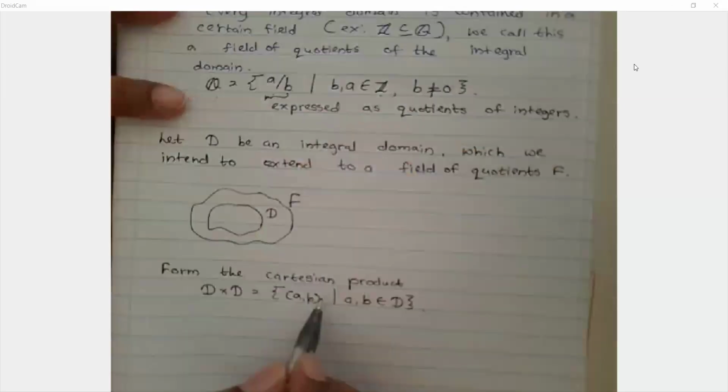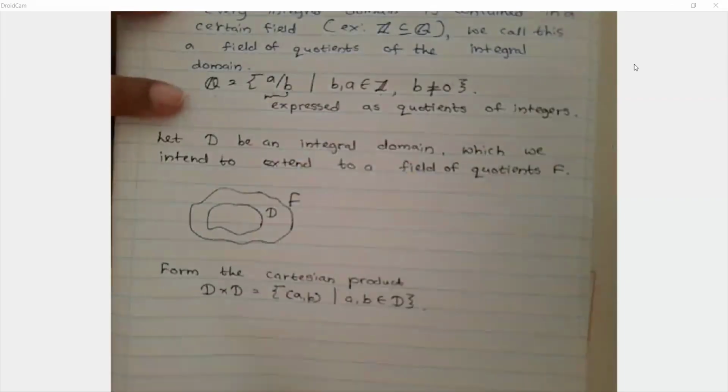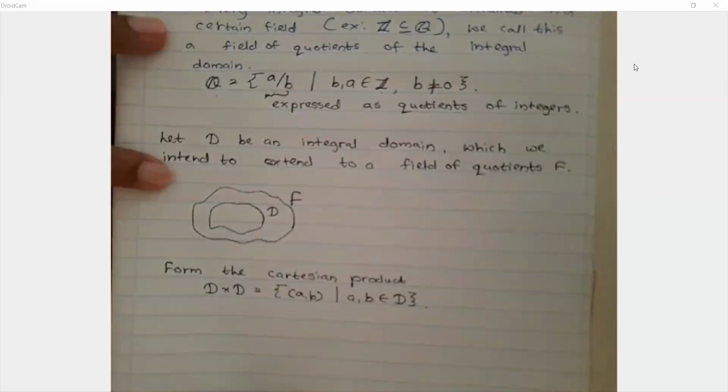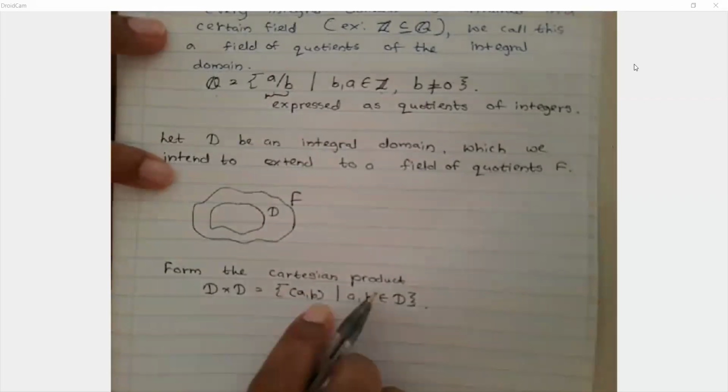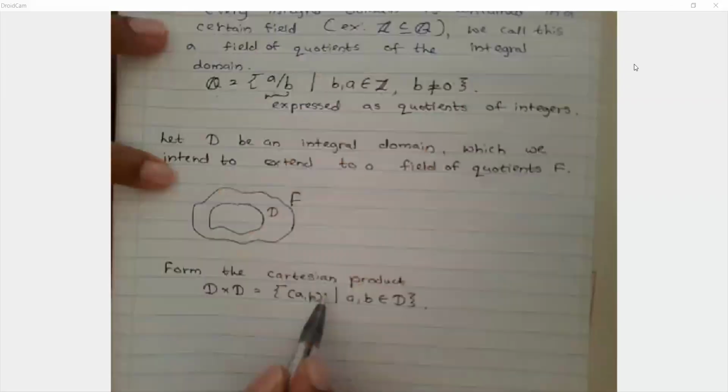This quotient is defined using two elements in Z. Over here also, for this pair, you take two elements from D. Now, we think of this pair as representing a formal quotient a over b, right? So if you compare this to this one, this a over b is represented by this element.